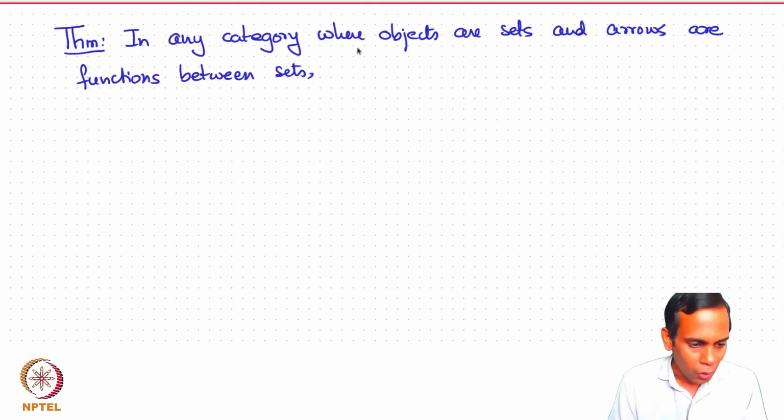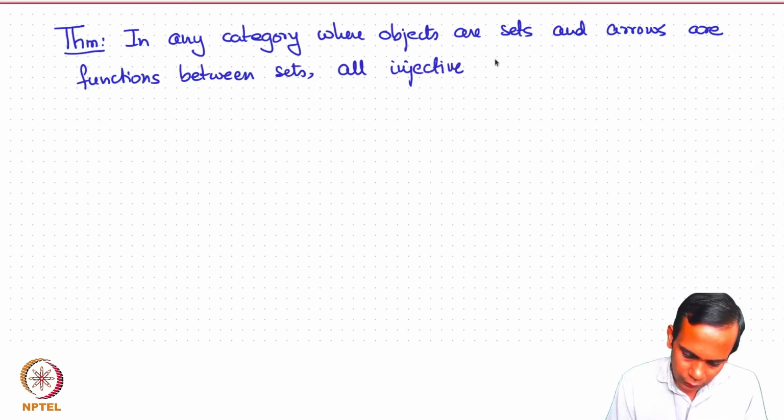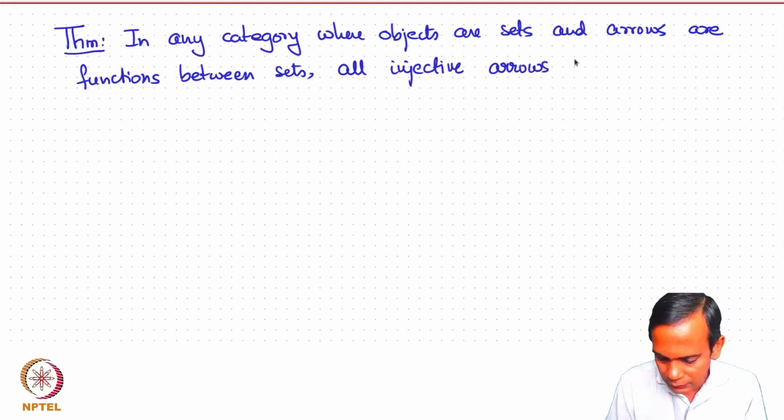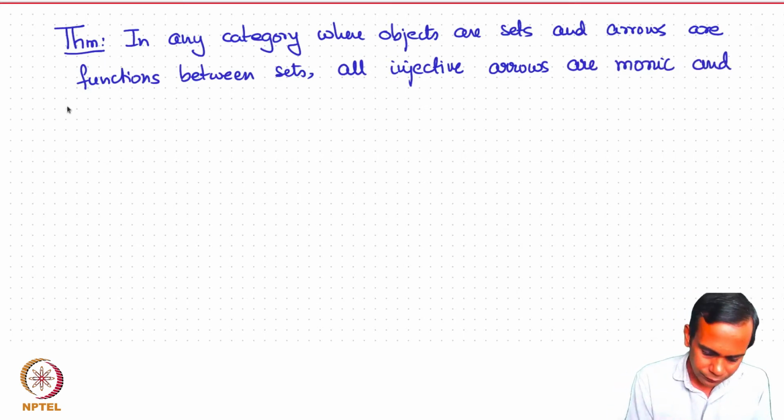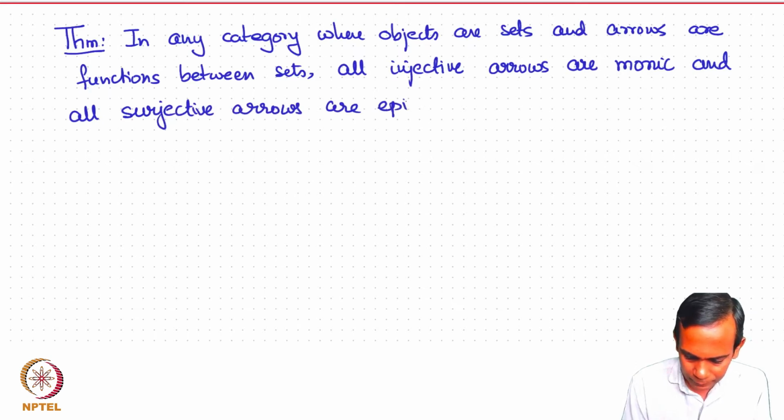All injective arrows or morphisms are monomorphisms or monic, and all surjective arrows are epic.